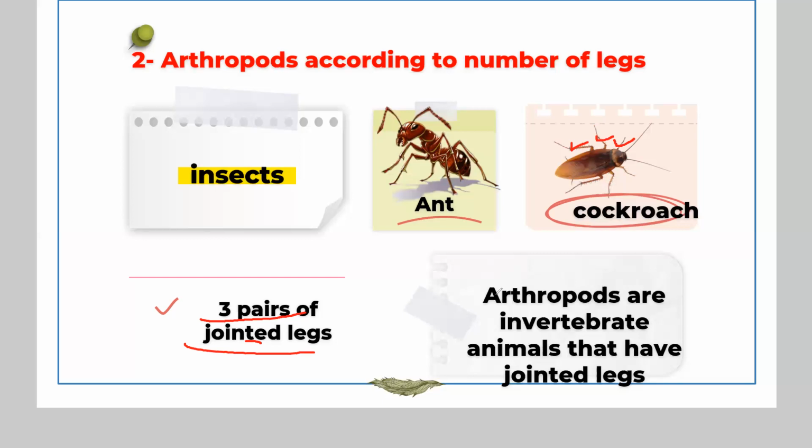How many legs do insects have? 3 pairs of jointed legs. Don't say 3 legs. They have 6 legs. You can say 6 legs or 3 pairs. So the first type, according to number of legs, is insects, like ant and cockroach.